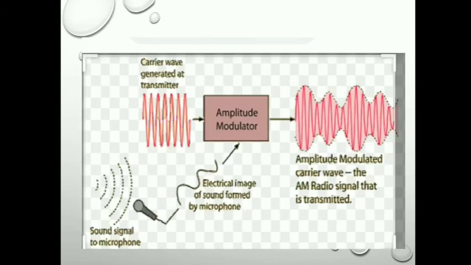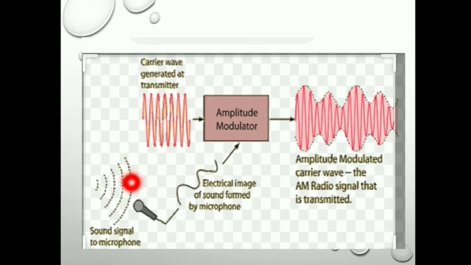Now this is another example for understanding. The carrier wave is generated at a transmitter and fed into the amplitude modulator.